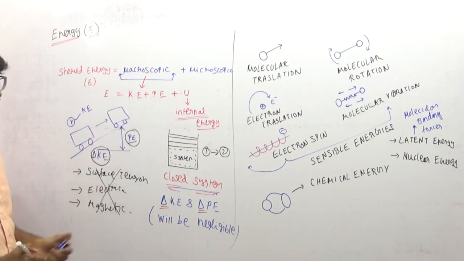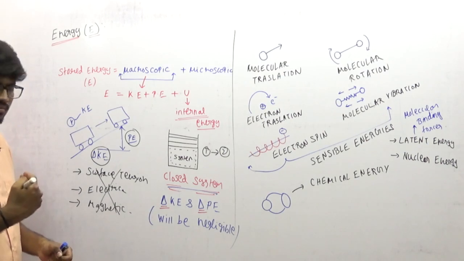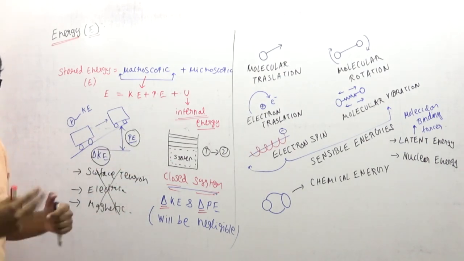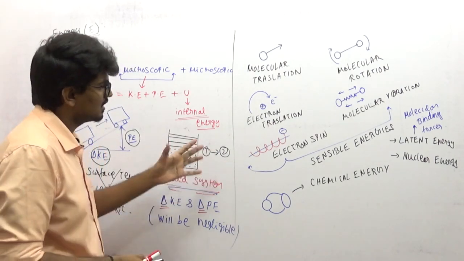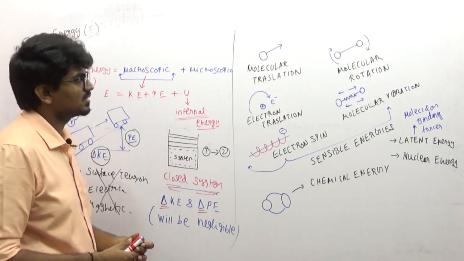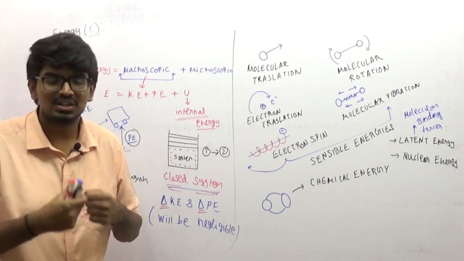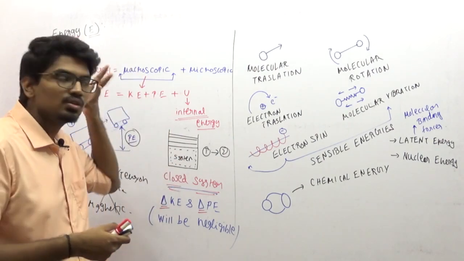What is this internal energy? Any form of molecular energy which is present in a system is called internal energy. I already described almost everything here, but with respect to GATE, they are not very important. But I want to give you a feel about internal energy. You need to understand internal energy and feel it.